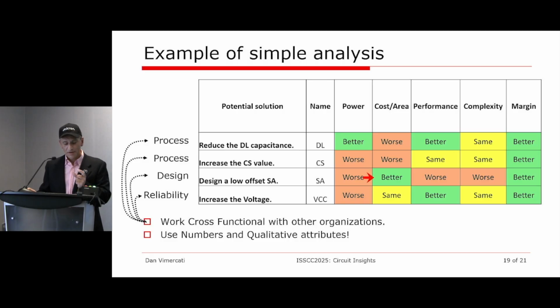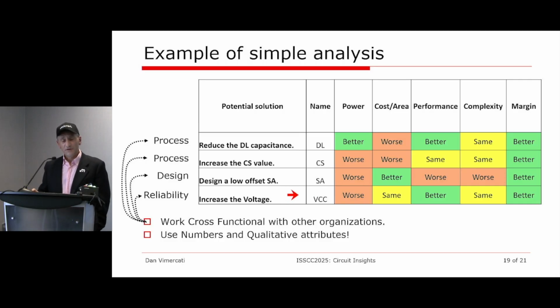The cost may be even better because now that you are implementing an offset cancellation technique, you may create those 4 transistors with a smaller area. You can make them smaller because now we are trying to cancel out that offset, and you may gain a little bit of area in some cases. The performance is probably worse due to the initial offset cancellation phase, and the complexity is significantly worse for whoever has to design the sense amplifier, which is you. And the margin is better.